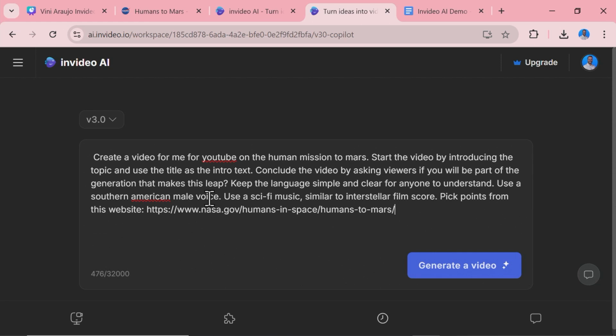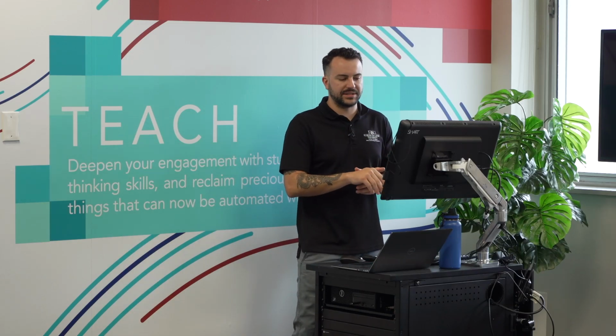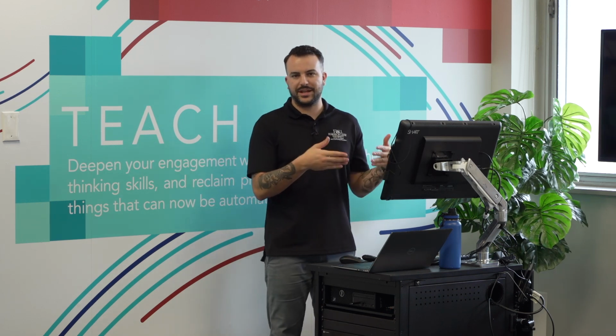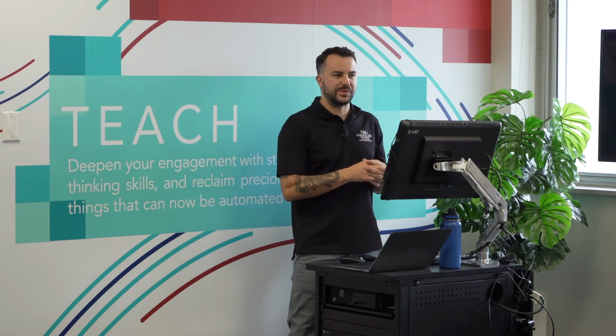Another thing I'll mention later is that you can link references to any article, blog, or website from the web in your prompt, so that it can generate a script based off what somebody wrote, or what you wrote, whether it's a script you pre-generated. Or like I did, I pulled up a website from NASA, and their article is about how they're developing and planning for a mission to Mars.